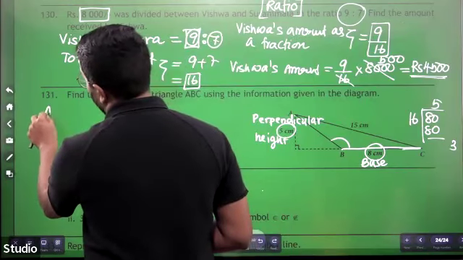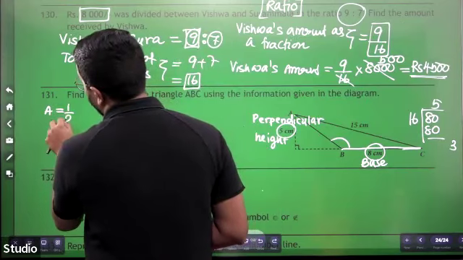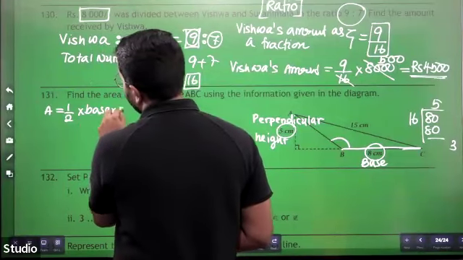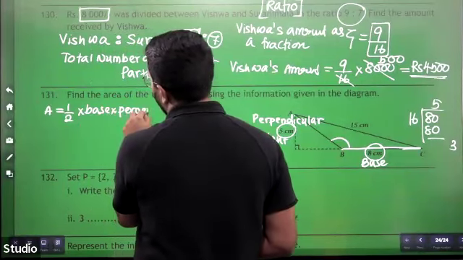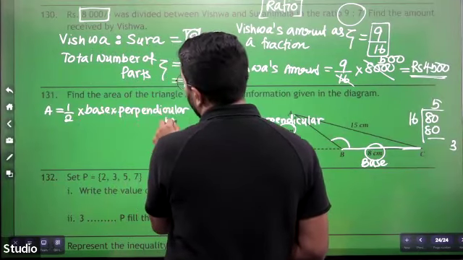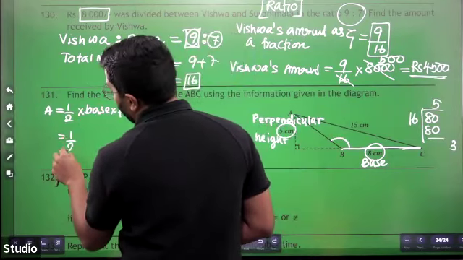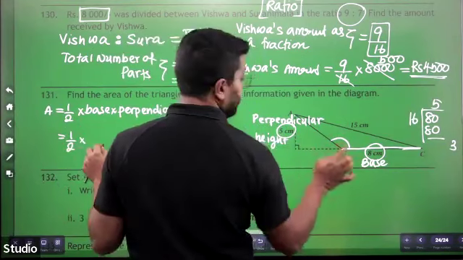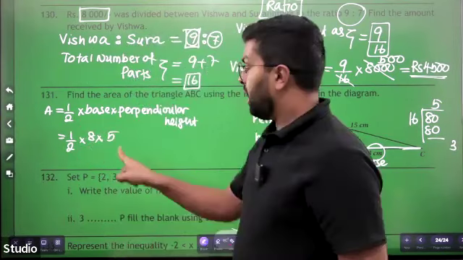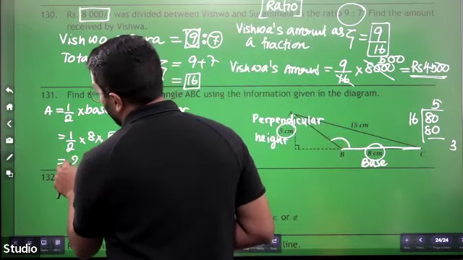So the equation to find the area of a triangle is area equals half times base into perpendicular height. So half times base, which here is 8 centimeters, and perpendicular height is 5. 8 times 5 is 40. 40 divided by 2 is 20.